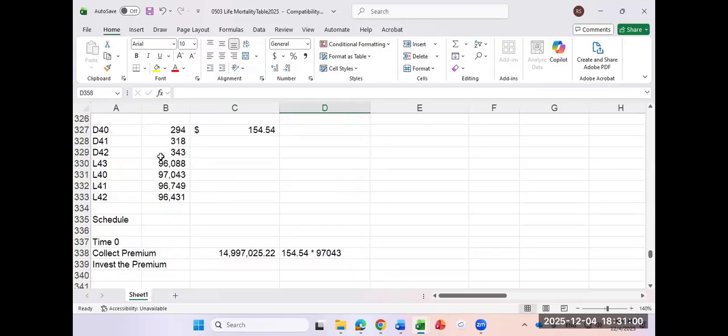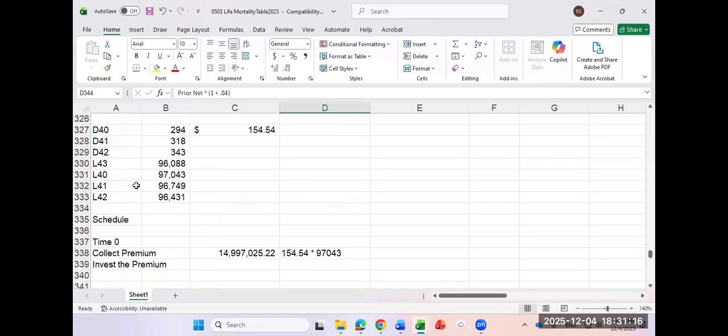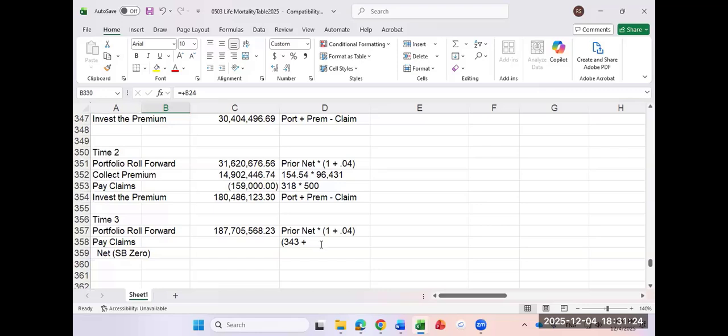Our claims are going to be paid to D42, that's 343. But we're also going to pay the L43s, 96. So D42 and L43, 96,088. They're all going to get $500.